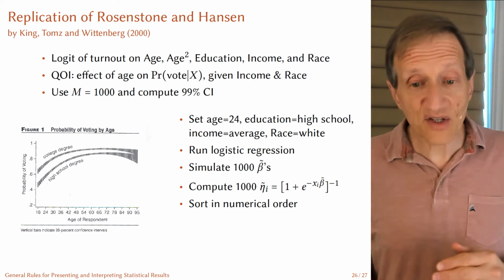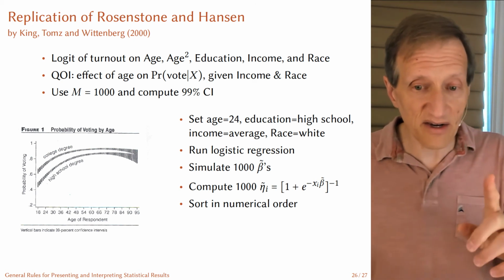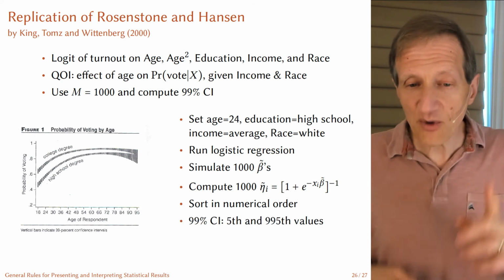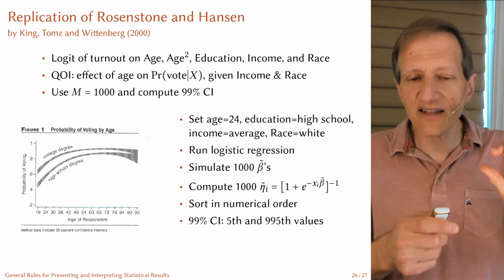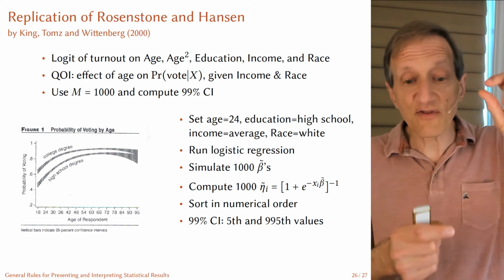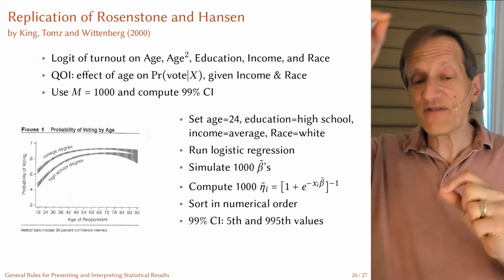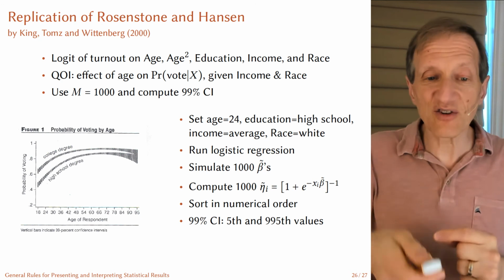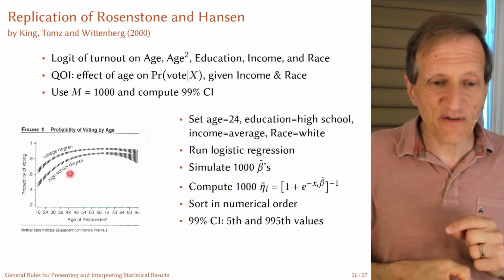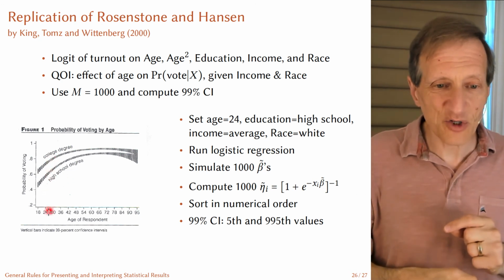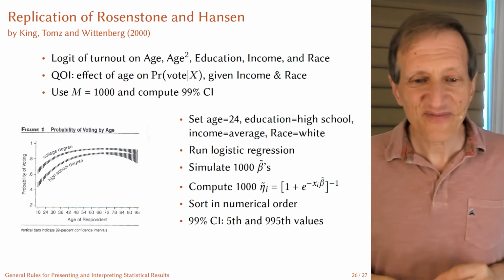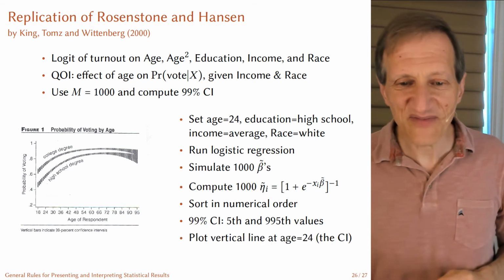So you sort these simulations of this one quantity in numerical order, and we choose to get the 99th confidence interval, we choose the 5th and 995th values, and that gives us the vertical bar that is over here that we plotted for 24-year-olds. Okay, so that gives us that.